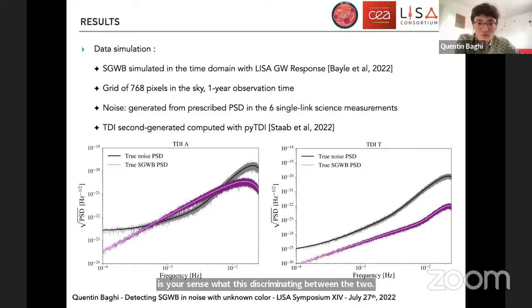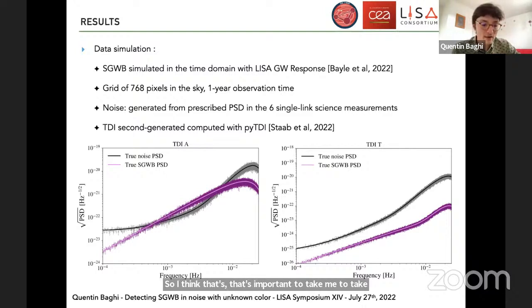Well, you have one main difference between the transfer functions of the noise and the stochastic background, which is that you have this projection onto the arms that you can trace back. The TDI transfer function is obviously common, but then you have a different process in terms of measurements in the different interferometric channels. So I think that's important to take into account. The other thing is about time variations.